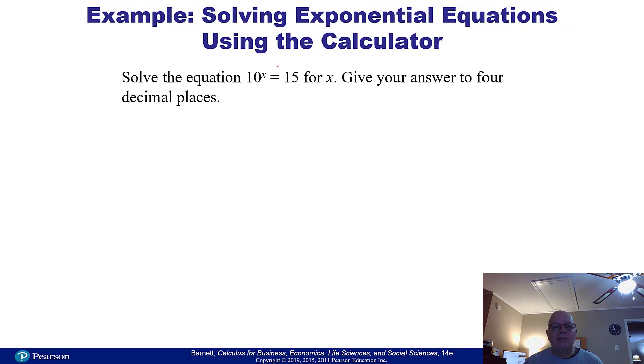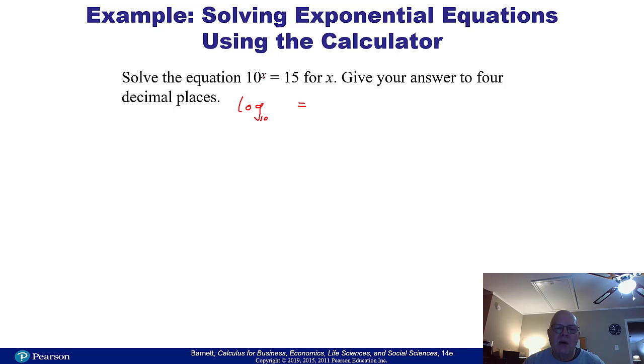Can you do this one? Well, let's see. This one is a problem. You've got x in the exponent. How can I get it out of there? Well, logarithms, of course. And notice what the base is. You always go to the base. So what we want is a common logarithm, one that has base 10. Now, what is the exponent? What's the number over here? Well, logarithms are exponents, right?